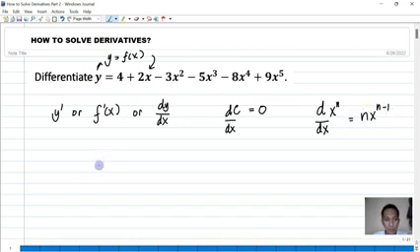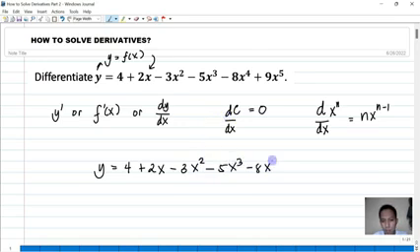Okay, so we have this problem. Y is equal to 4 plus 2x minus 3x squared minus 5x cubed minus 8x raised to 4 plus 9x raised to 5. So, the derivative of y with respect to x, ito guys, ang derivative ng 4 is 0 kasi constant siya.